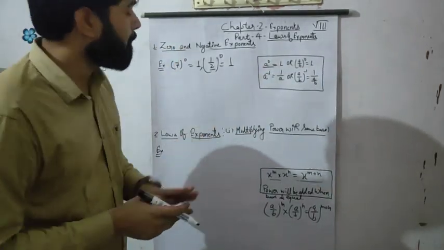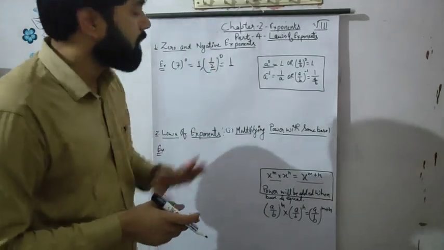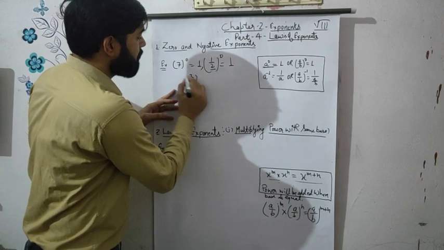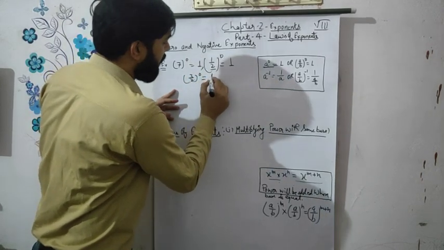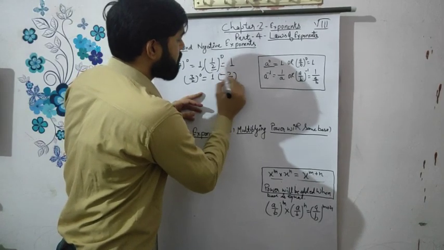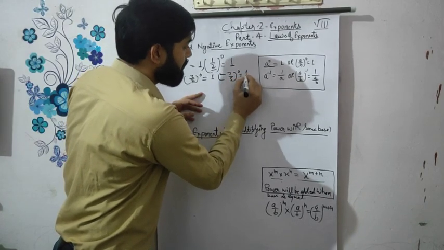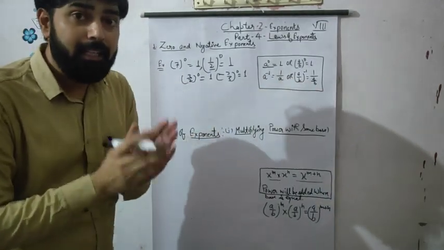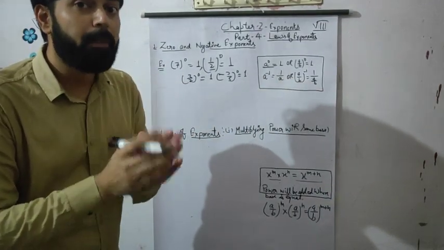So 7 to the power 0 is 1, 1 upon 2 to the power 0 is 1, 3 upon 2 to the power 0 is also 1, and minus 3 upon 5 to the power 0 is 1.